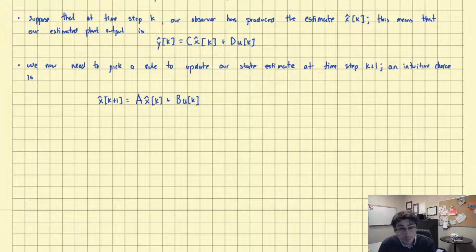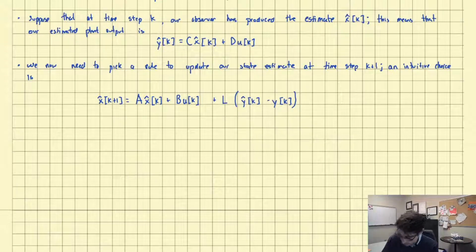And then we're going to update based on the error between the measured output y and this estimated output. And I'll make it proportional to that error, so just linear. So I'm going to write this as plus some gain L times the difference between the estimated plant output and our actual plant output.